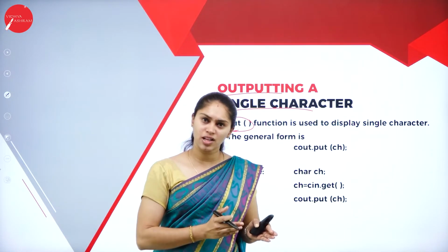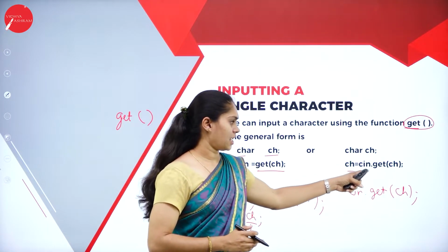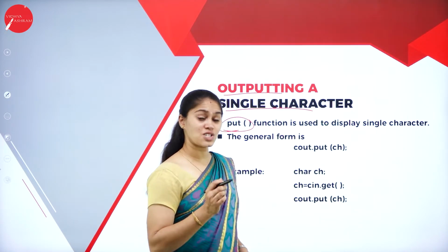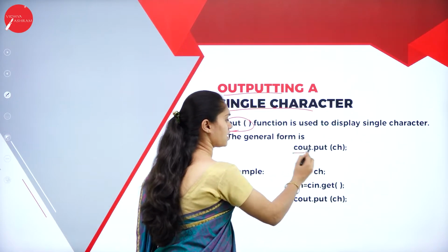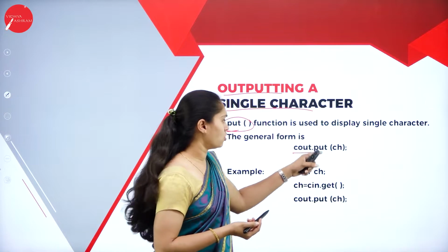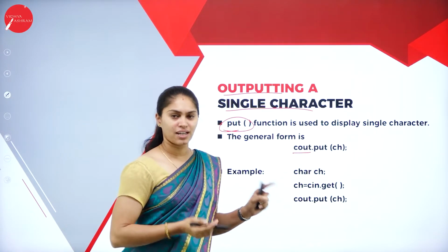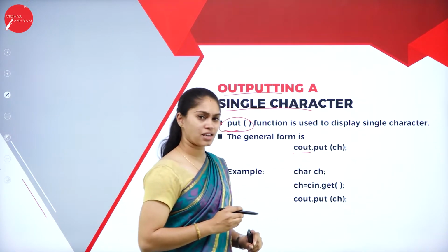If it is related to output, that is cout. As we did for cin.get(ch), here instead of cin, we take cout. cout.put is a function which is used to display a single character, and within the parentheses, we take an argument, that is char ch.